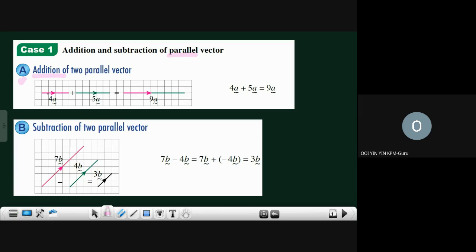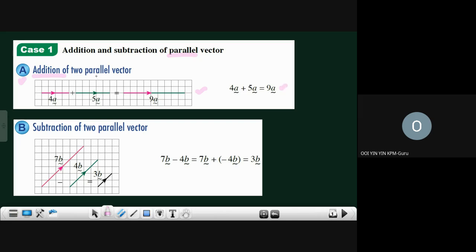As you can see, 1, 2, 3, 4, 4 units, right? 4A. And then when you add another vector, which is 5A, the overall result will give you 9A. It's 4A plus 5A, you get 9A. Okay, this one is easy, right? That's why I said no need to copy. Okay, this one you understand. 4A plus 5A, 9A. Done. That's it.